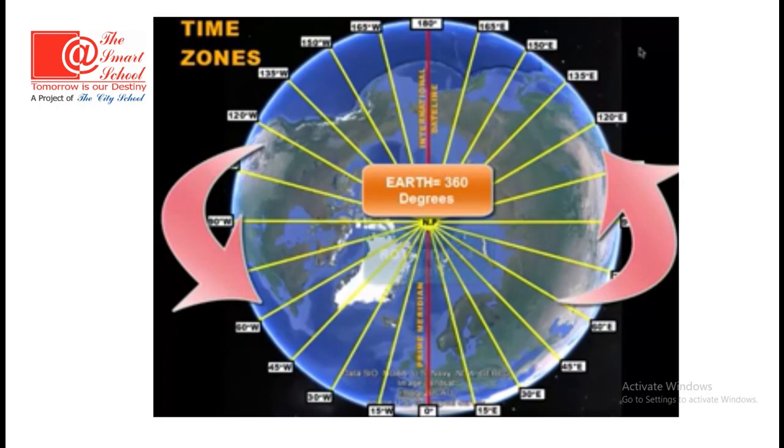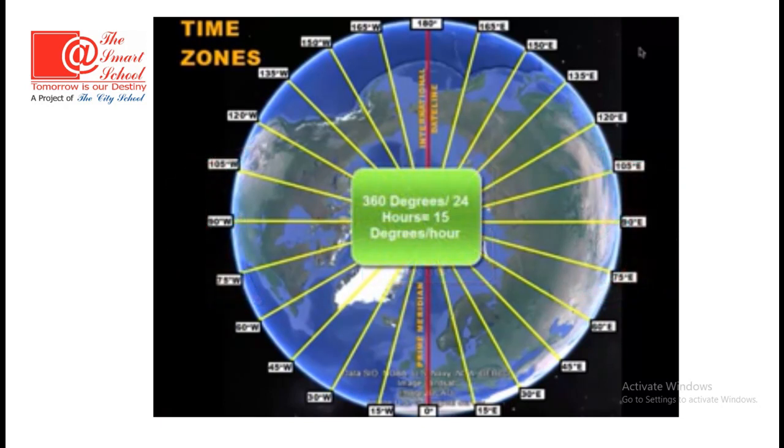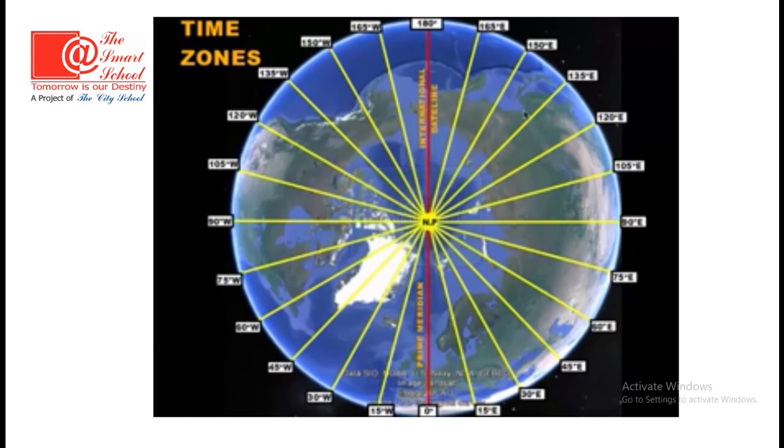That takes about 24 hours. So they divided 360 degrees by 24 hours, and calculated that the Earth rotates 15 degrees an hour. So each hour is worth 15 degrees of longitude. This is worth 1 hour of time, this is worth 1 hour of time, and every single wedge on this picture is worth 1 hour of time.